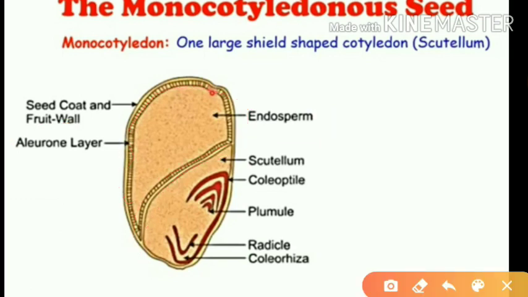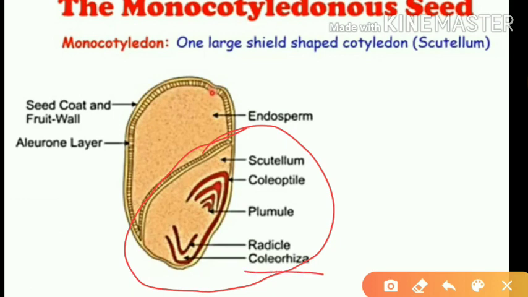I'll show you clearly. In this part, the coleoptile is present and the coleorhiza is present. The coleoptile is further differentiated into the plumule. The plumule is the shoot system, formed when the plumule gets modified into a shoot system. The radicle, as we have already told, is differentiated into the root system. So this is all about the monocotyledon seed.